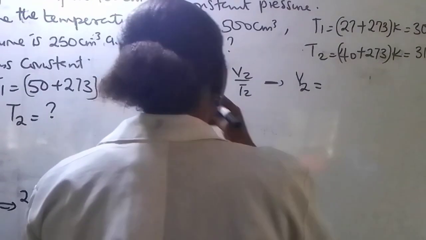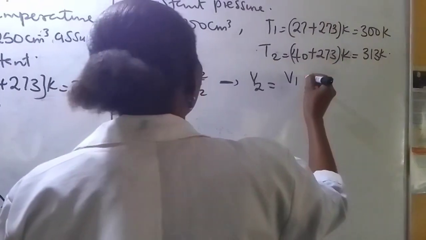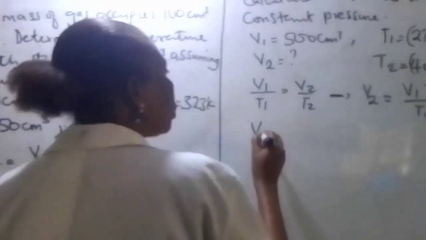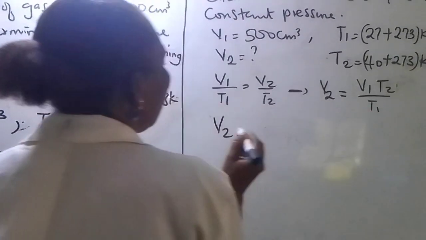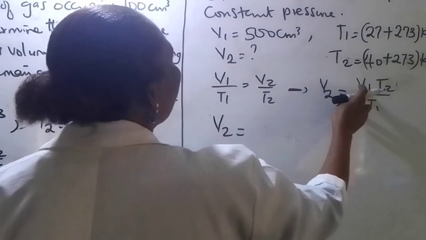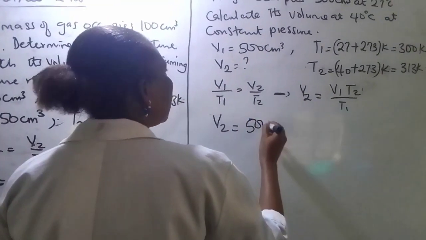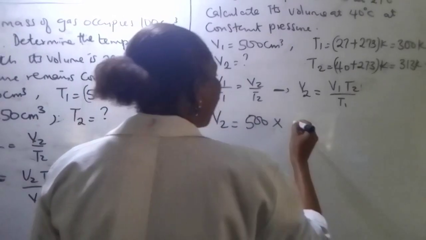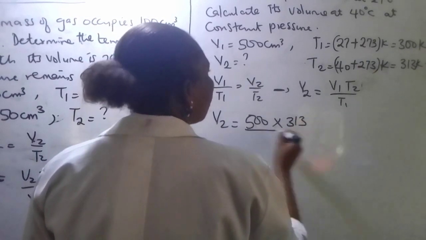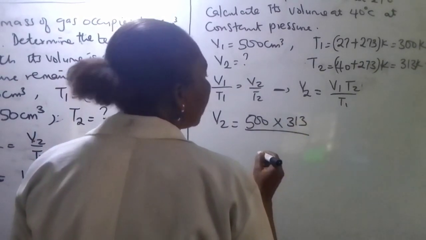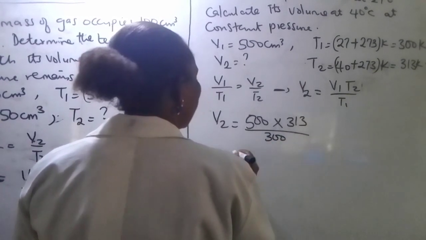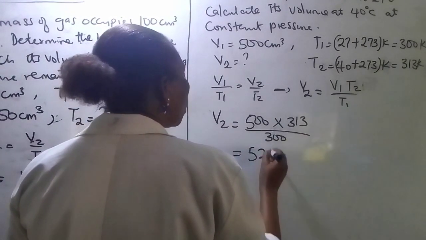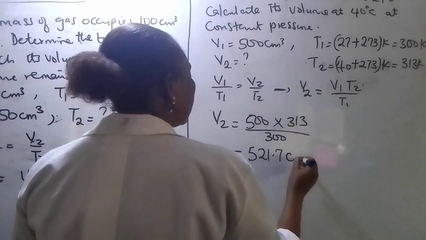V2 is equivalent to V1 T2 over T1. What is our V1? The initial volume is 500. Our T2, the second temperature, is 313. And then our T1, 300. And that will give us 521.7 cm cube.